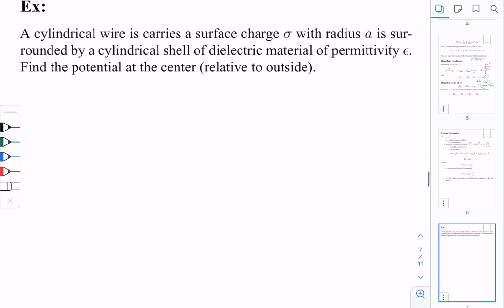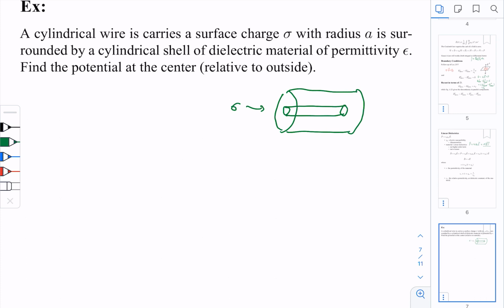Now let's look at an example. It's similar to what we just discussed about the wire, except that this time we consider a thick wire that carries a surface charge here.